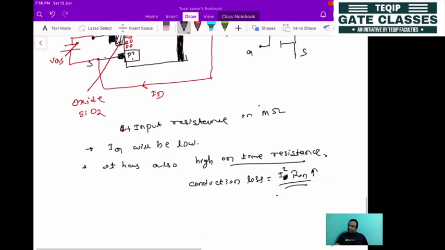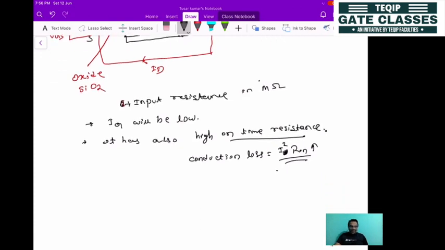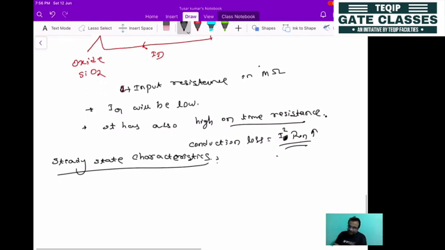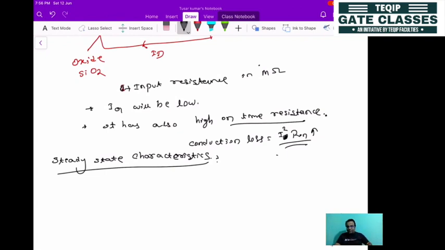Now let's study the steady state characteristics. To study them, let's analyze the circuit. As it has high input resistance, the gate current is low.